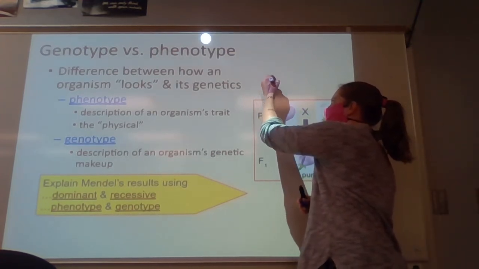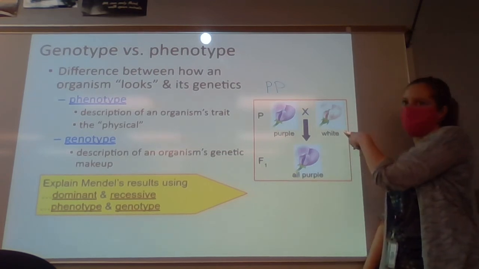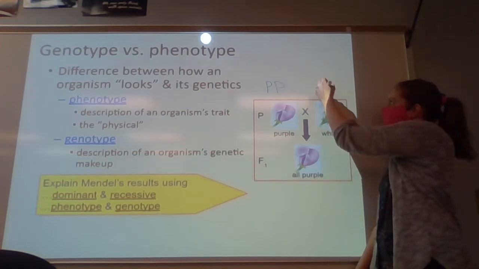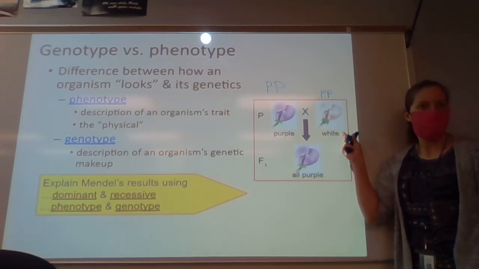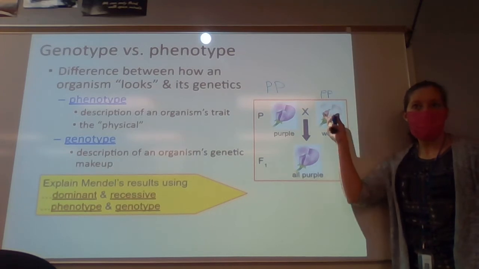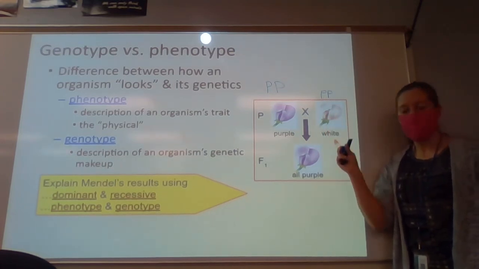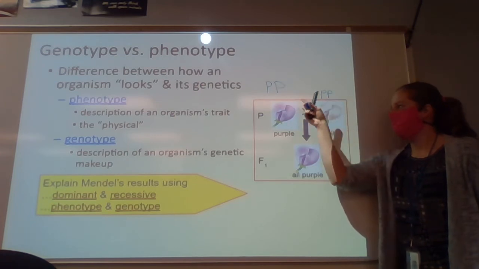This plant is white, showing the white phenotype. What genotype do you think it probably has? Recessive. Both recessive copies. Why do you know this has to have both recessive copies? Because if it had a dominant allele, what color would it be? Purple.